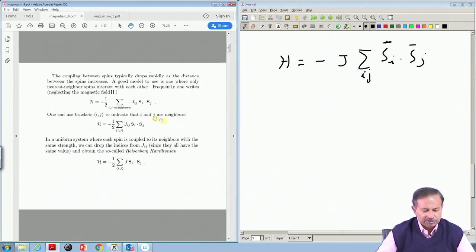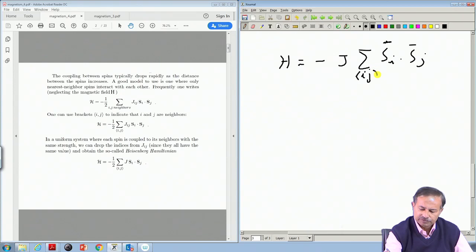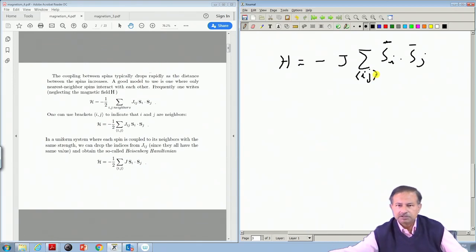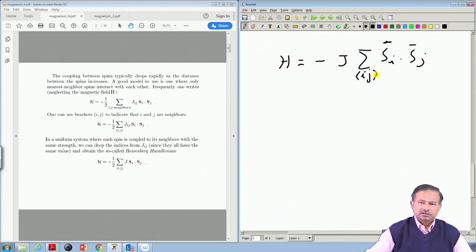Typically, as I said before, this i and j are chosen to be nearest neighbors, because the interaction drops off as you go to further and further neighbors in your lattice, in your solid, and then you can write a Heisenberg model with only nearest neighbor interaction.